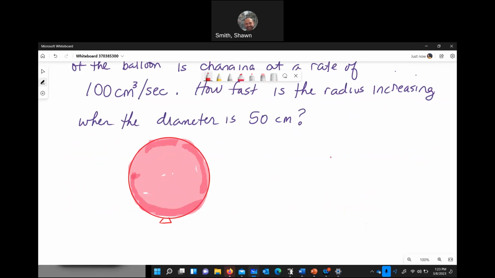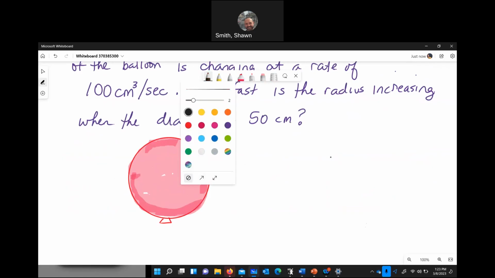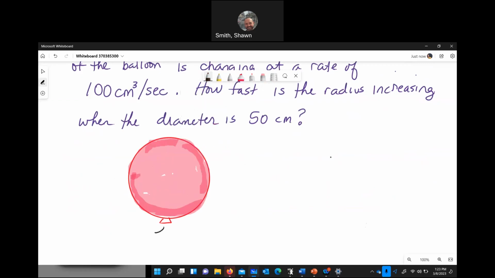All right, so we've got a balloon there with air going in at a rate of 100 centimeters cubed per second.